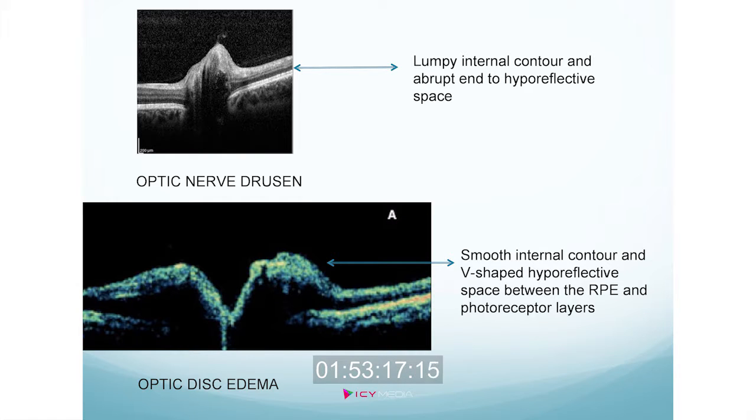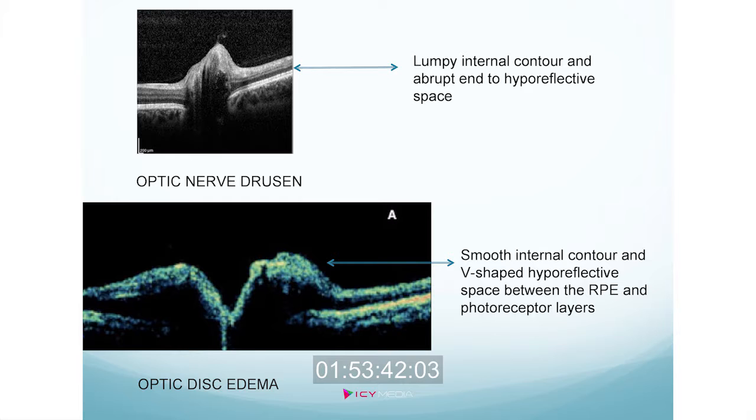Here's an example. The picture on top is a patient that has optic nerve head drusen, which we call pseudopapilledema. You can see that there's a very irregular contour of the nerve tissue. It's a lumpy contour. And you can also see that on the sides of the scan, there's an abrupt end where the nerve drusen end.